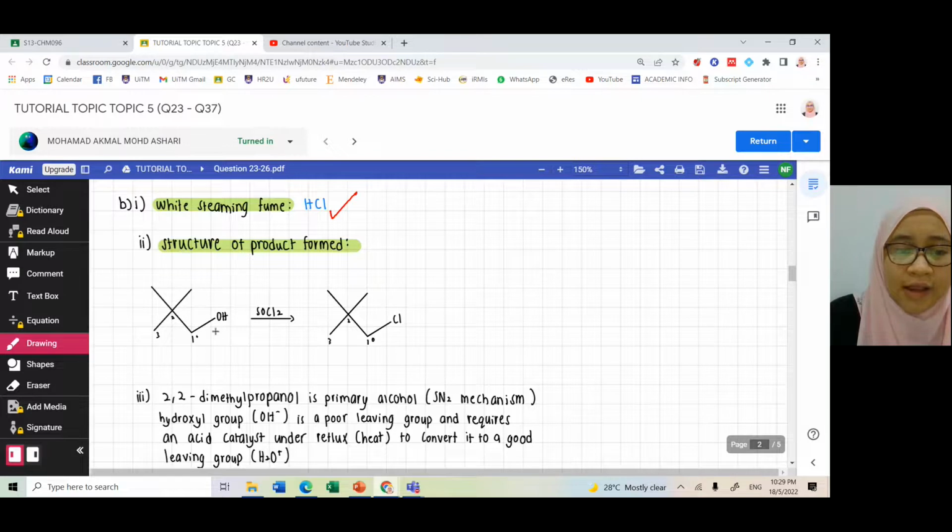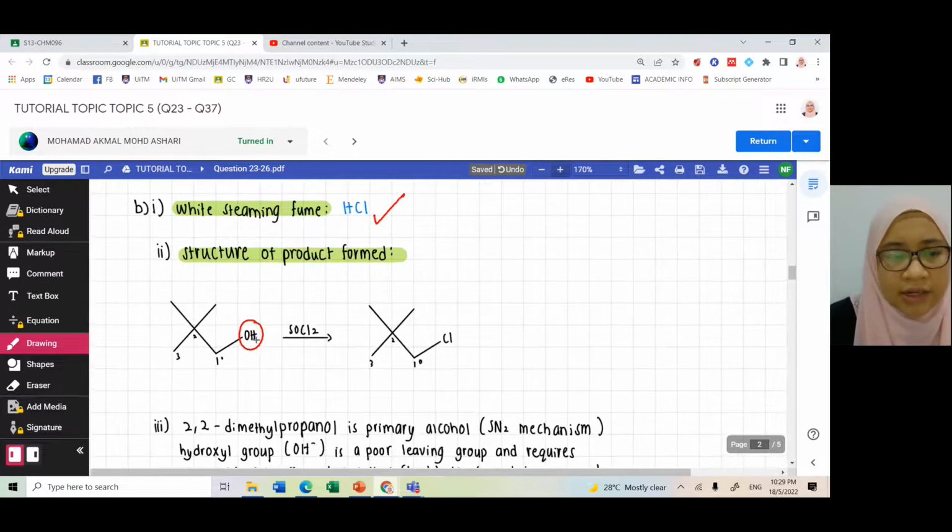And then you identify the classification of the alcohol. So identify the location of the OH group first. So this OH is attached to this carbon. So this carbon is only attached to one carbon.